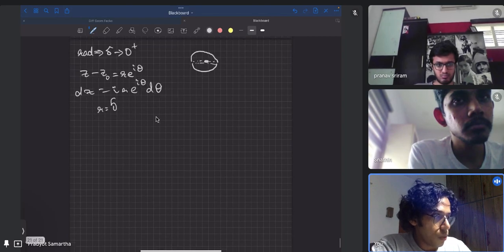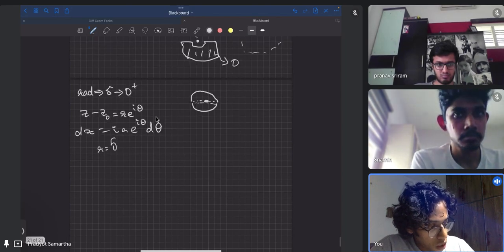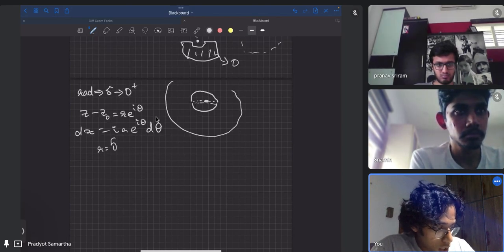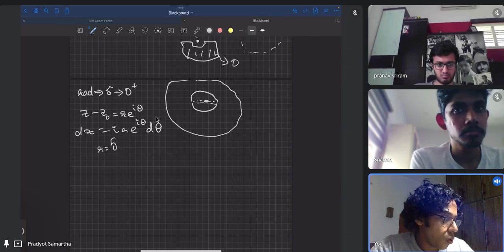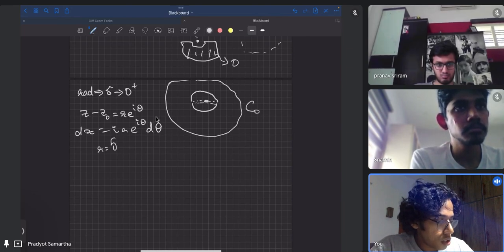Essentially when we take the integral over these two contours, this is your outer contour, C out, and this is your inner contour.